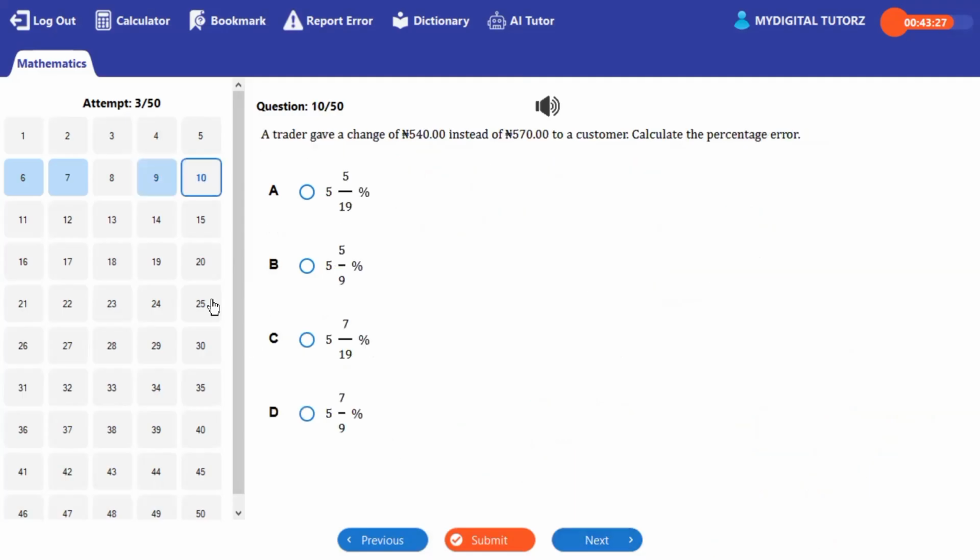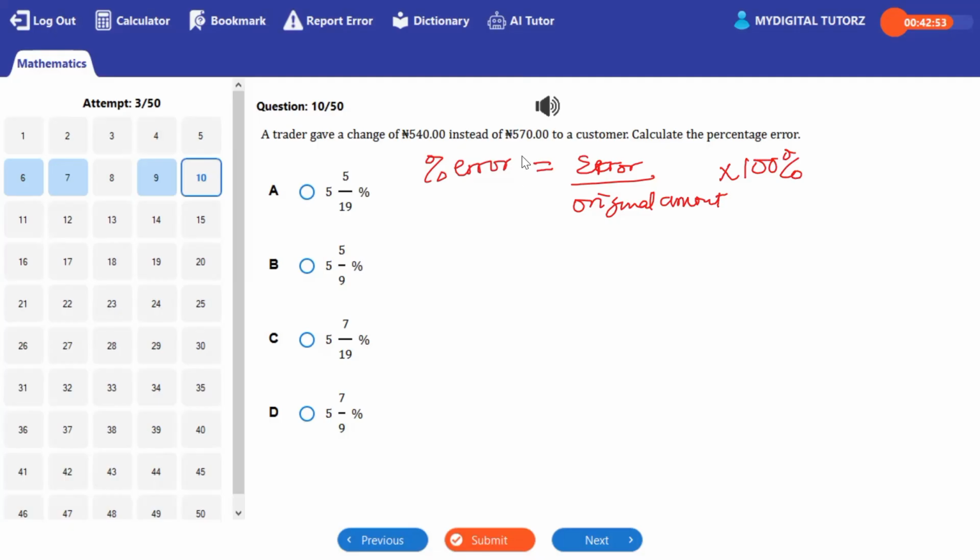Question 10 says, a trader gave a change of 540 naira instead of 570 naira to a customer. Calculate the percentage error. So percentage error is equal to the error, all over the original amount, multiplied by 100%.